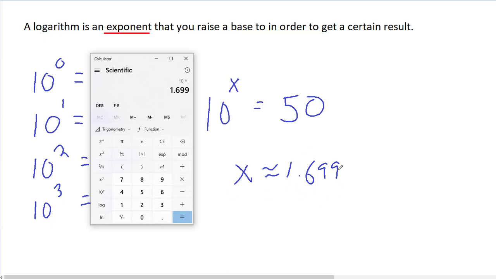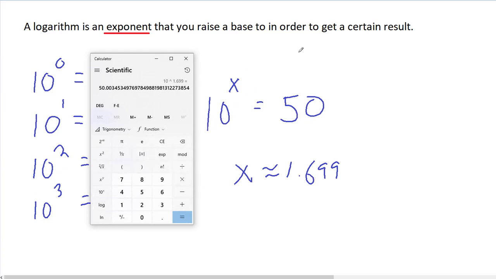Now remember, I rounded this, so I'm probably not going to get 50 exactly. And look, I got 50.0, just a little bit bigger than 50 because I rounded up. So look, 10 to this power does come out to be 50. That is called taking the logarithm. The logarithm is the exponent that you raise a base to get 50.